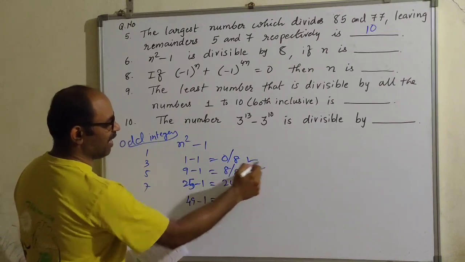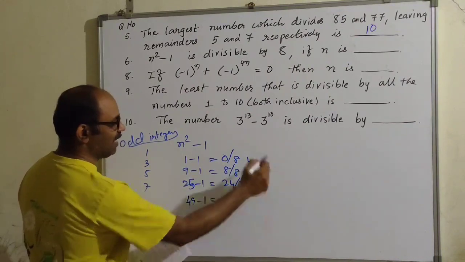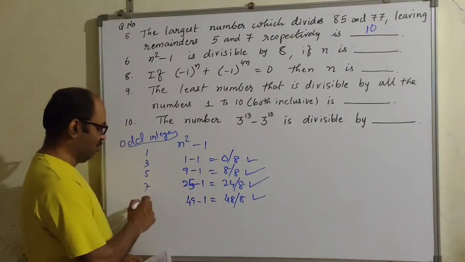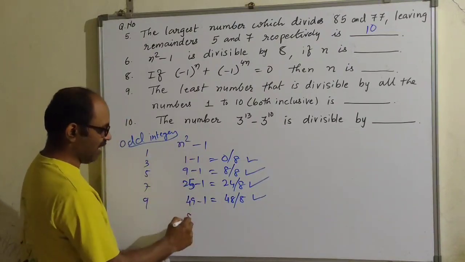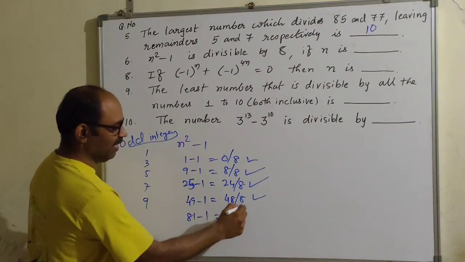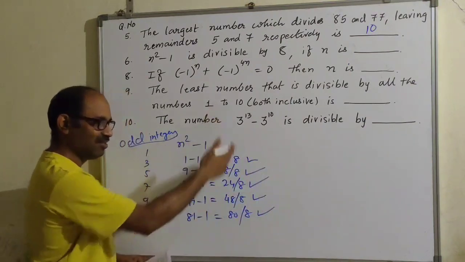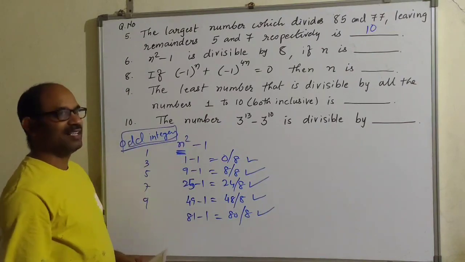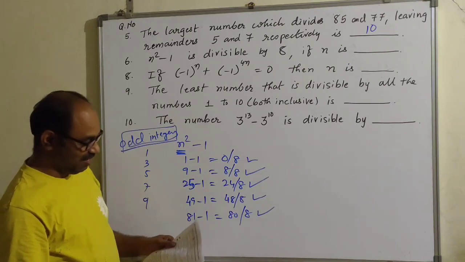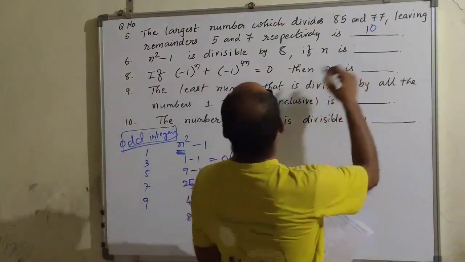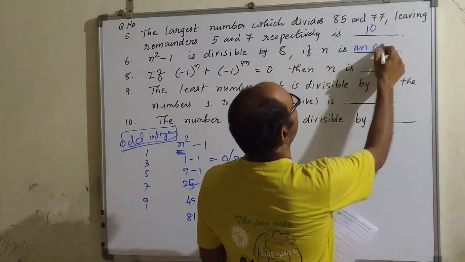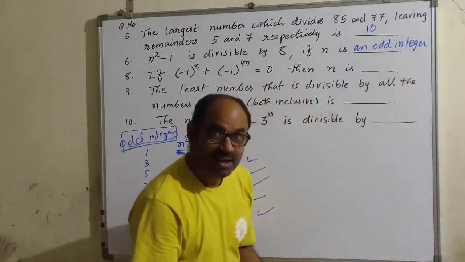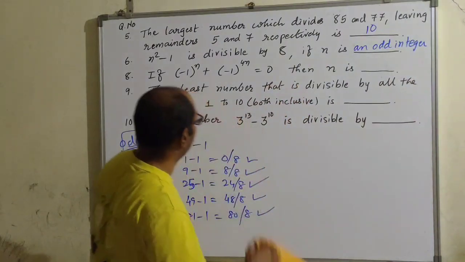Is 8 divisible by 8? Yes. Is 24 divisible by 8? Yes. Is 48 divisible by 8? Yes. Suppose 9: 9 square, 81 minus 1, 80. Is 80 divisible by 8? Yes. So you see, for every odd integer n square minus 1 is divisible by 8. So it is the second one, an odd integer. The answer is odd integer. Got it, children? Fine.